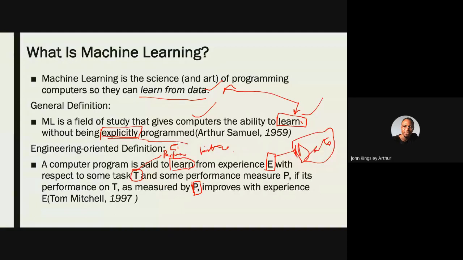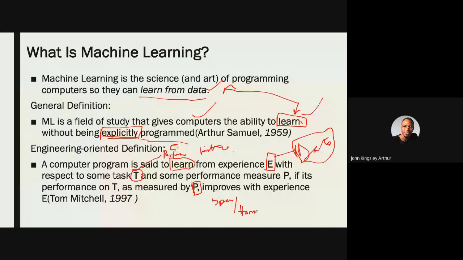A typical example in the case of the spam filter is to have, let's say, the ratio of the correctly identified spam as against what? The harm. How many spam were identified? How many harm were identified? Maybe this is what we want to use to measure the performance of what?